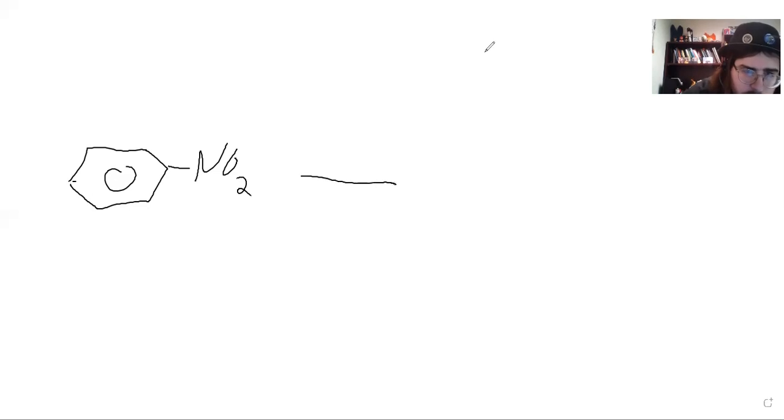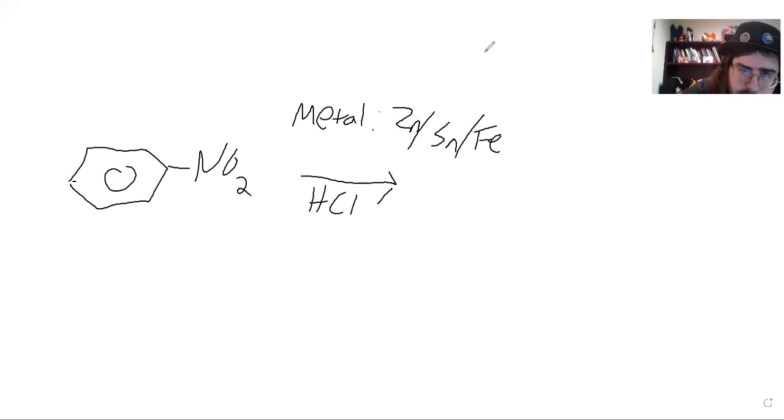You put in a metal and HCl. Metal includes zinc, tin or iron, and HCl, and you get an aniline, which is NH2.